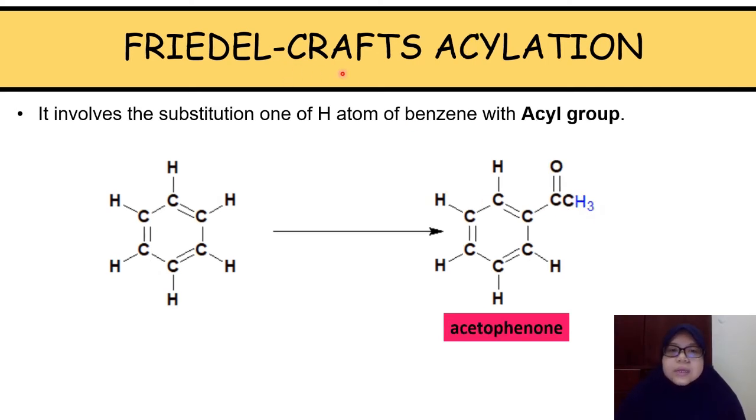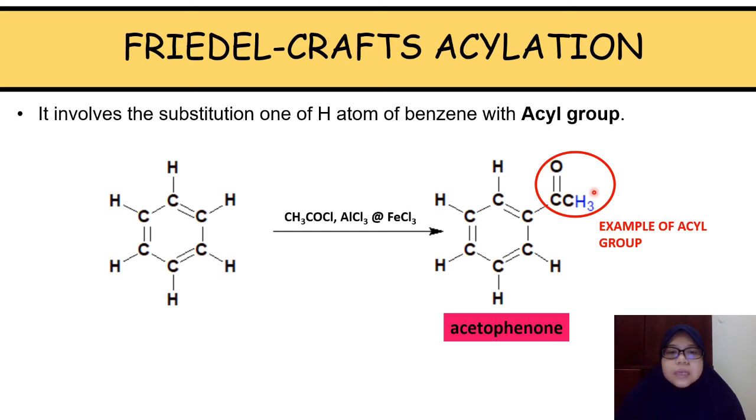In Friedel-Crafts acylation, it involves the substitution of one of the hydrogen atoms of benzene with an acyl group. In this example, we are producing acetophenone, which means our acyl group is C double bond O CH3. This is only an example.